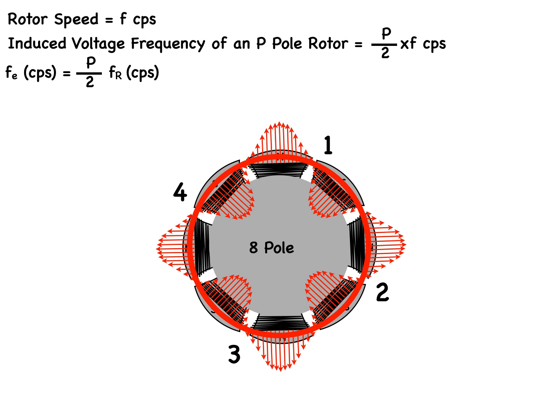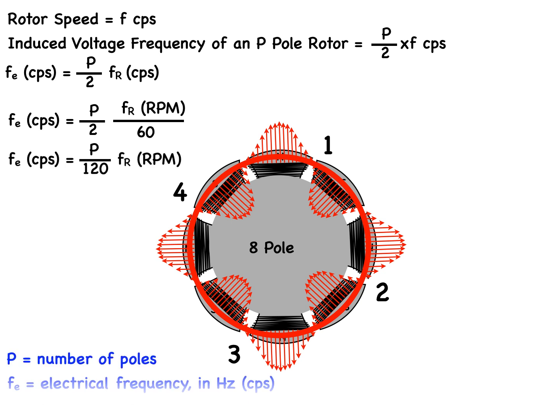So in order to convert the rotor speed in RPM to CPS, to be able to use our equation, we would divide by 60. Simplifying the equation, the frequency of the induced voltage, or the output voltage of the generator, is equal to the number of poles of the rotor divided by 120 times the rotor speed in RPM.